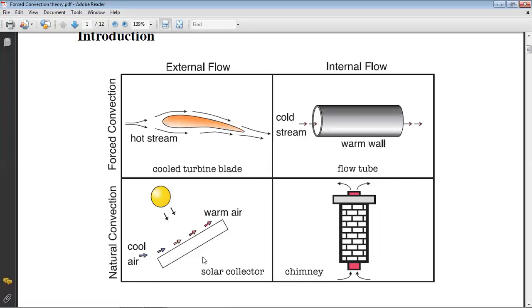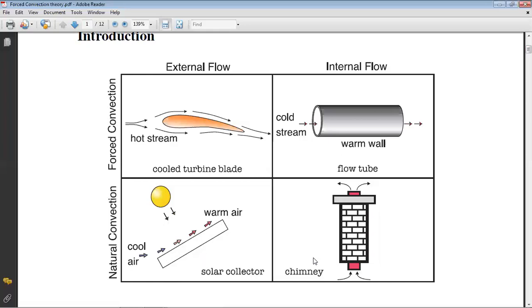Similarly, this is an external flow where the cold air is entering at the bottom of the solar collector, and when it leaves, it has gained heat. And once the air collects heat, obviously the density of air will go down and it will move up.